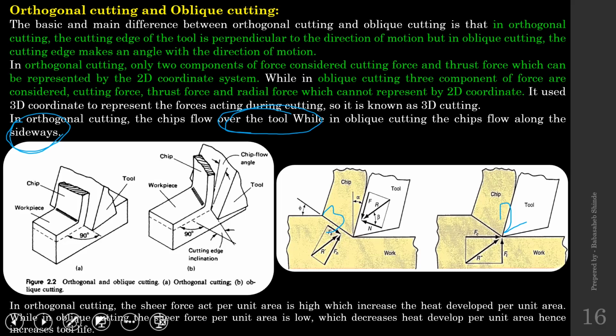If you compare the magnitude of that shear force, in orthogonal cutting it is going to have a higher value compared to oblique cutting. That we know, right? When you try to cut a tomato with a knife held exactly vertical, we were required to apply more force, right? So the magnitude of the shear force in orthogonal cutting is more compared to oblique cutting.